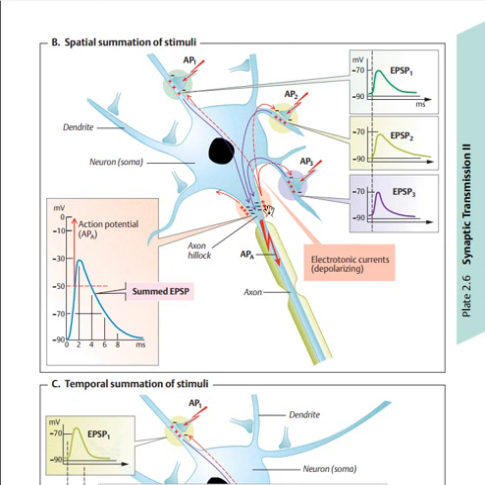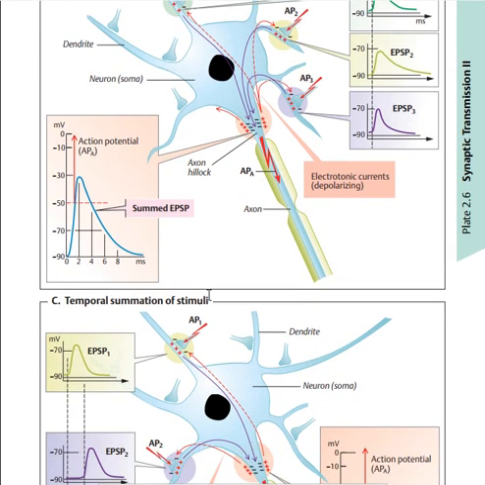So now when that stimulation is going to produce the action potential from the axon hillock towards the axon, that is going to be called the spatial summation.